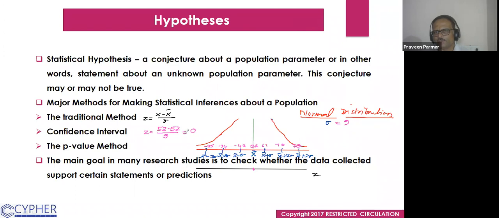So what will I get? 0. Here, if I write 61 minus 52 over 9, it is 9 over 9, which is 1. Similarly, here I will get 2, and here minus 1, minus 2, and minus 3. Does that make sense to you?